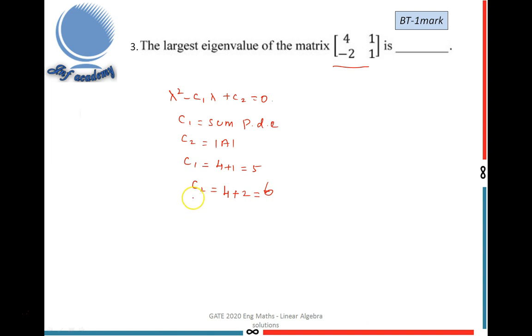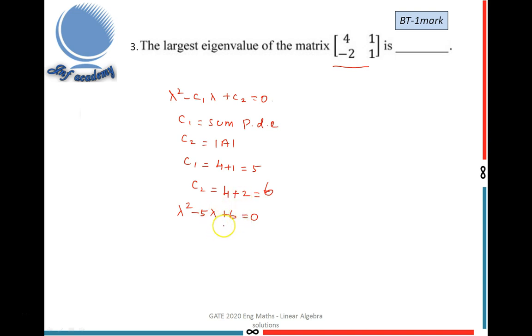So the characteristic equation of the given matrix is lambda square minus 5 lambda plus 6 equal to 0. This is the characteristic equation. Solving this characteristic equation, we get the characteristic roots, also called eigenvalues.